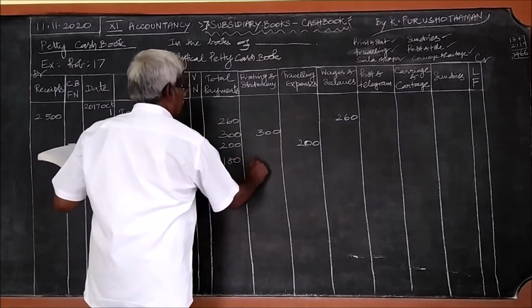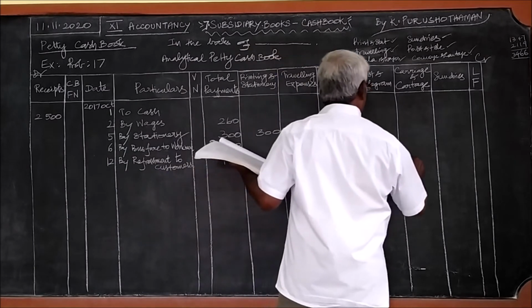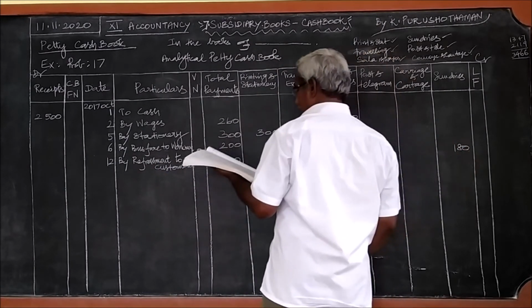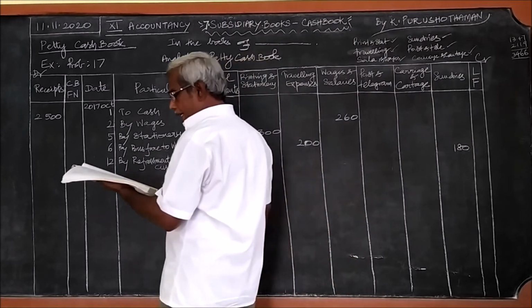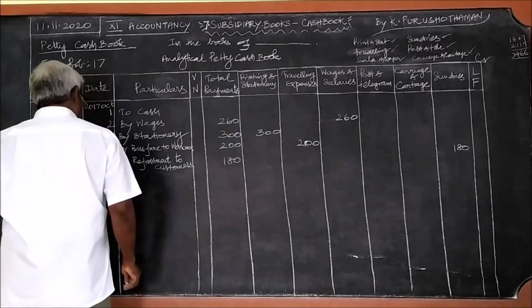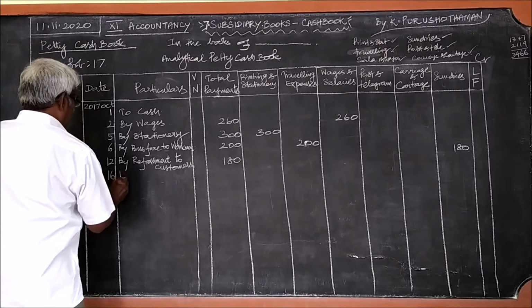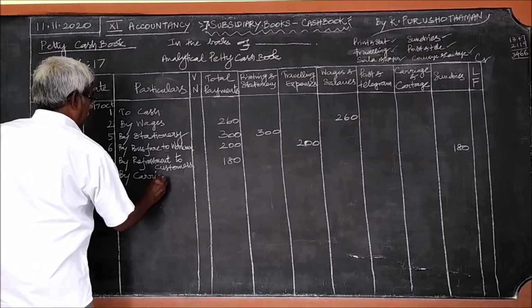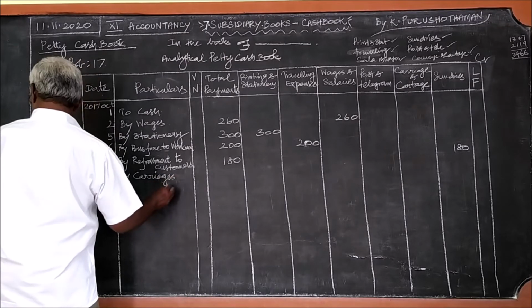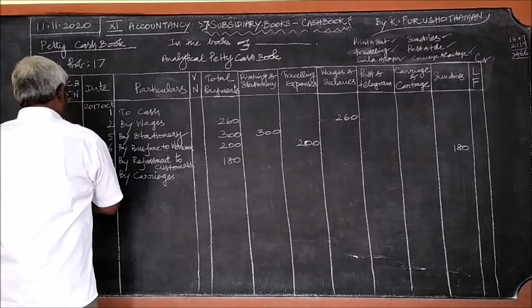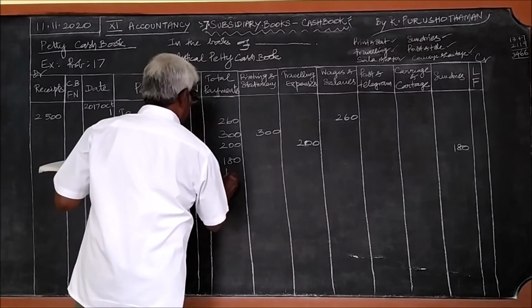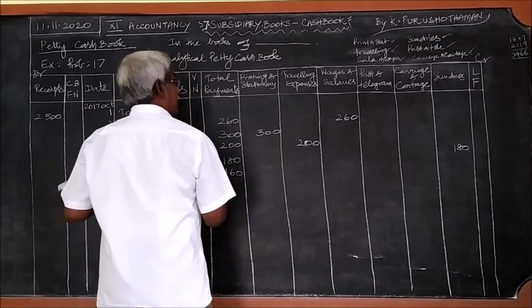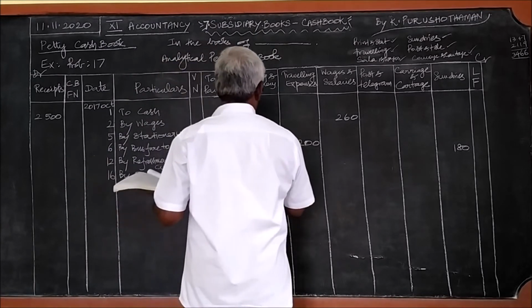This all refreshment will be written in the sundries, 180. Paid for carriage on 16, by carriages 160. This is carriage and cartage, 160.